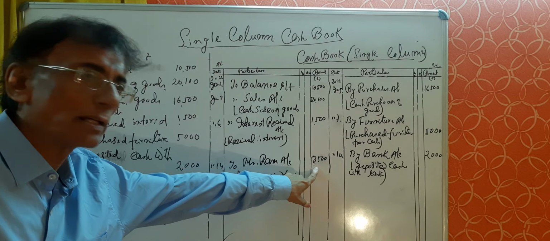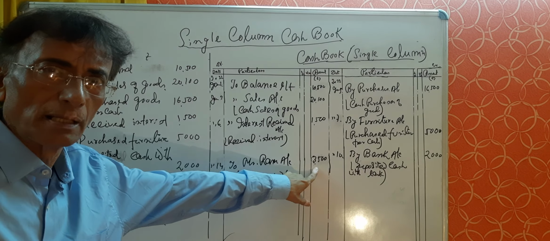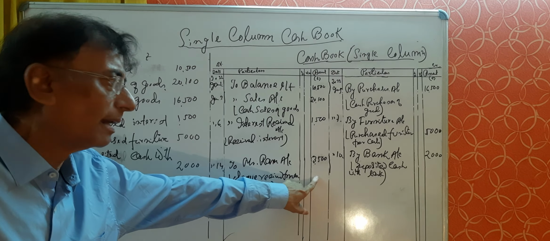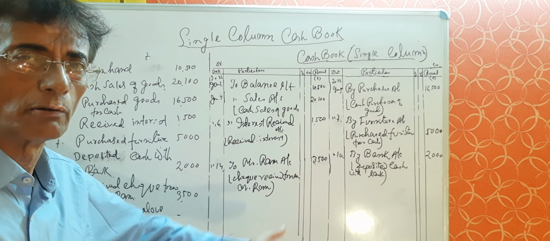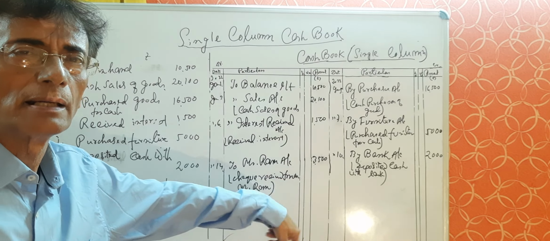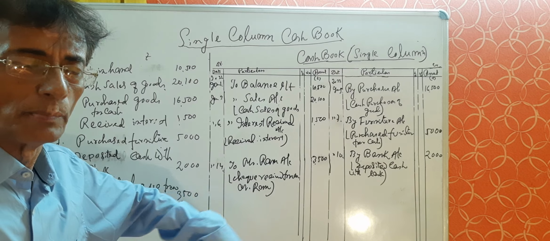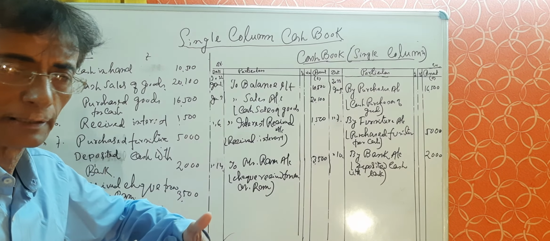So first, when we receive the check, we debited cash account, and on the date on which the check is going out, we should go to the credit side and write by bank account, because bank account debit to cash.